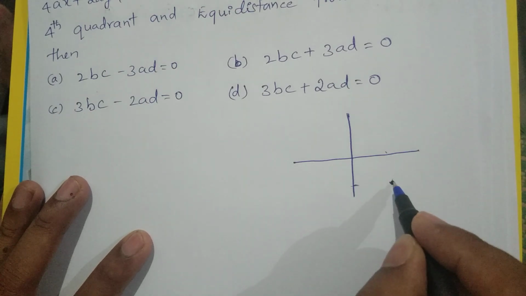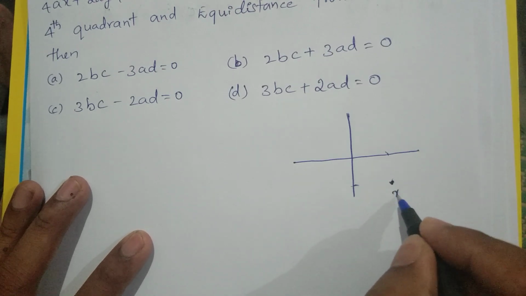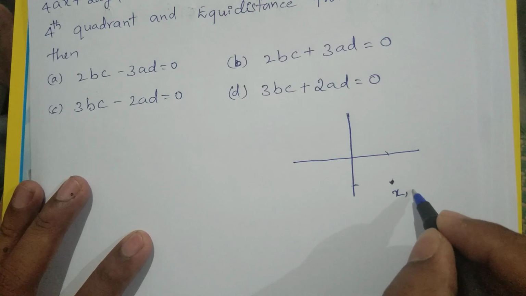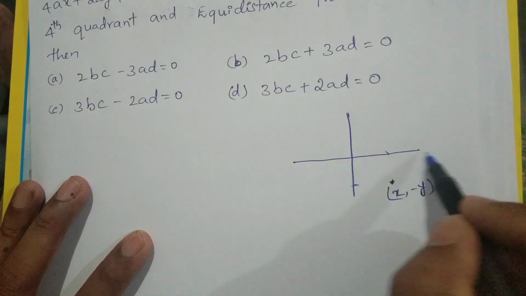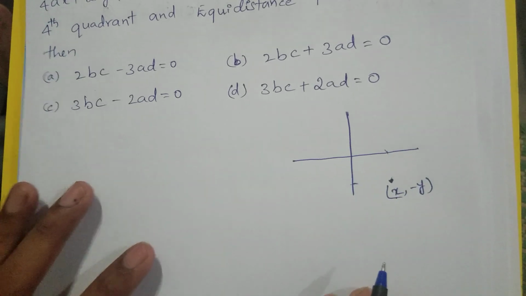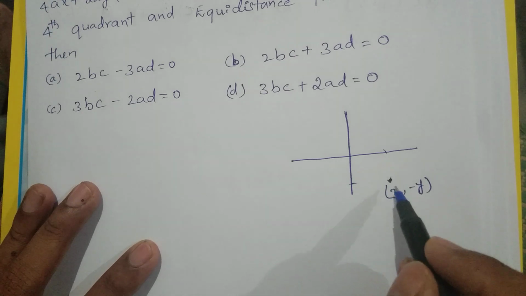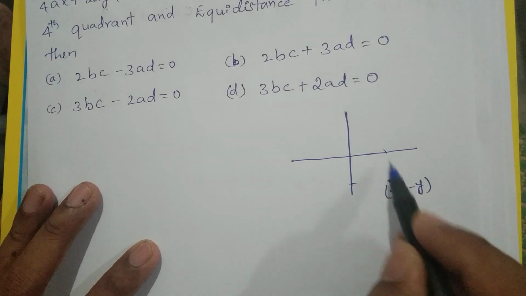If this is 3, this is also 3. Now I will take this point as x comma minus y. Why? Because in the fourth quadrant y is negative but x is positive. Now both the values are the same. This point is equidistant from both the axes.